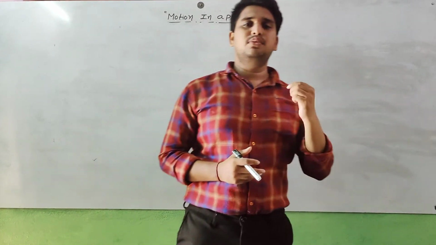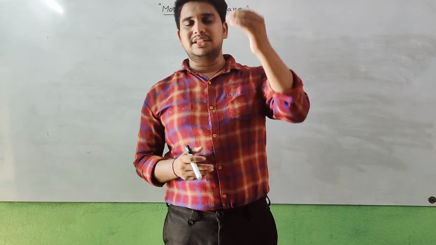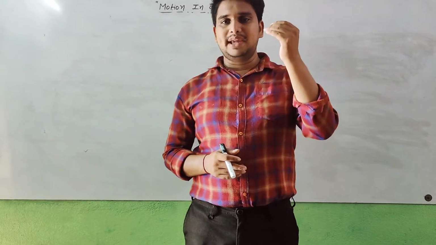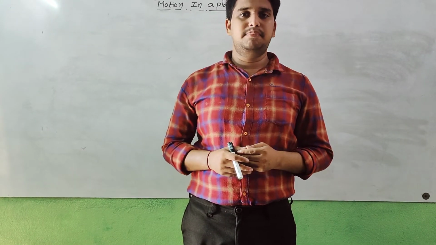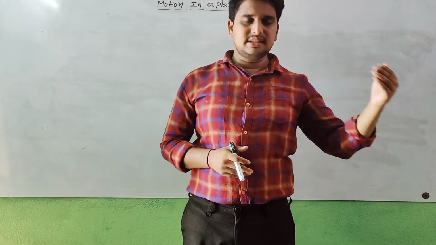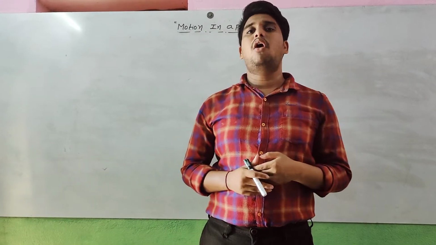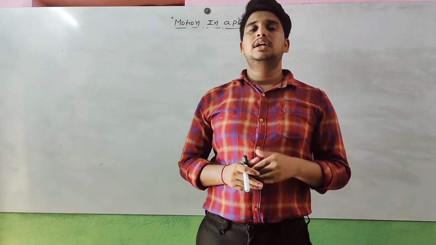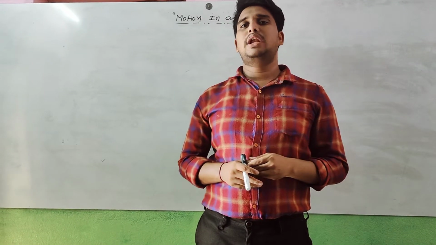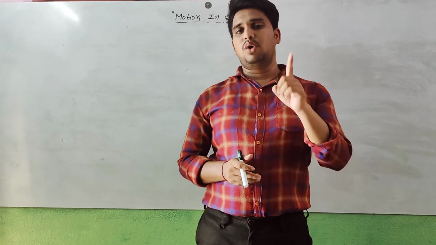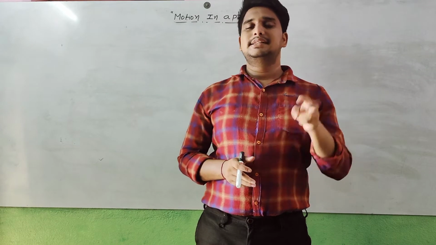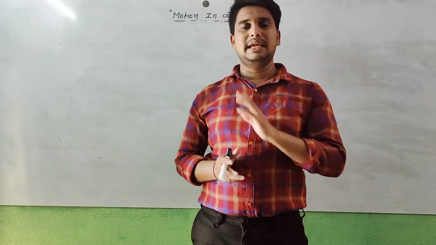Up to now I uploaded video lectures on the topic motion in two dimensions, or motion in a plane. In previous lectures, I discussed oblique projection on an inclined plane, which has two types: one is up the inclined plane, the second is down the inclined plane.